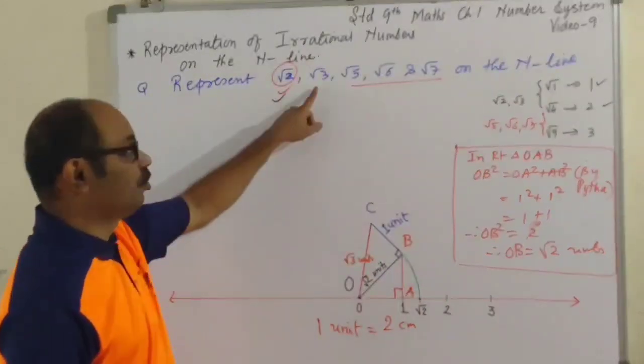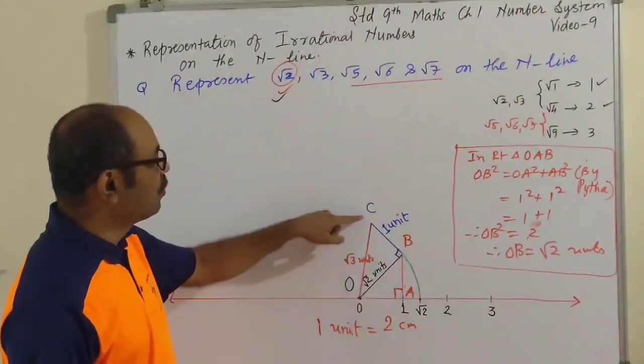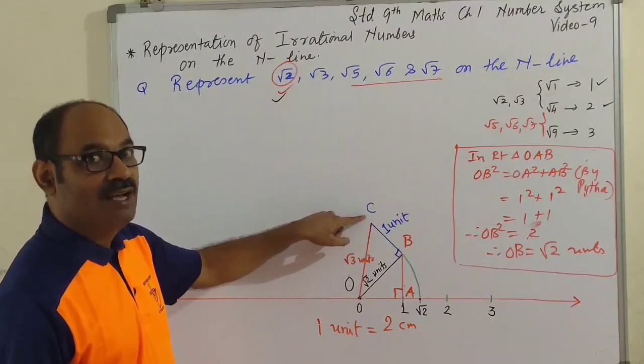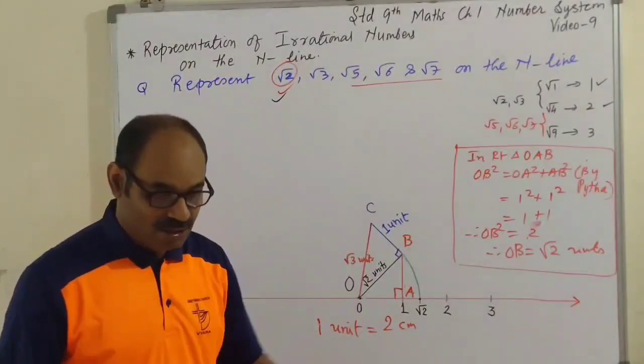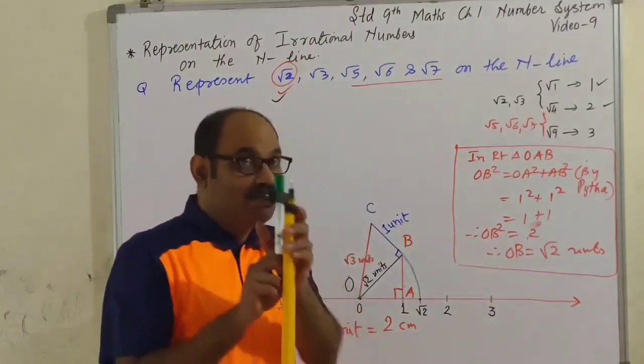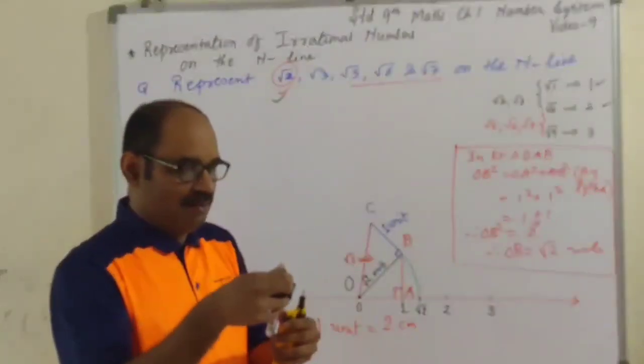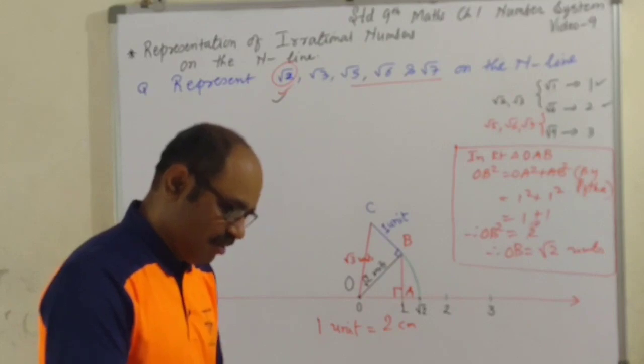चलिए, so √3 मिल गया है. OC is equal to √3, but I want that √3 on the number line. So what I'll have to do? I'll have to do projection work. Okay.